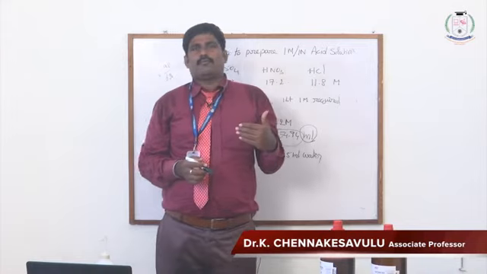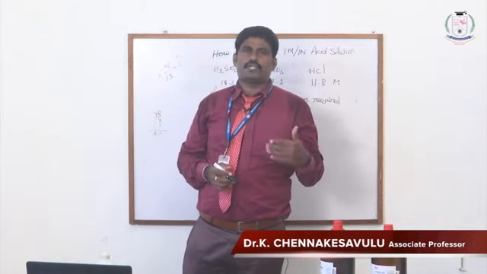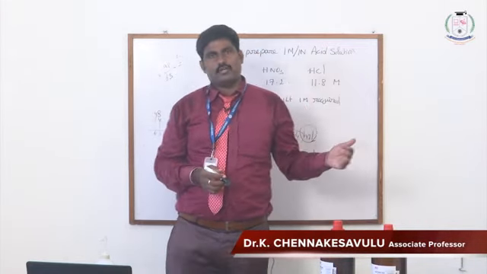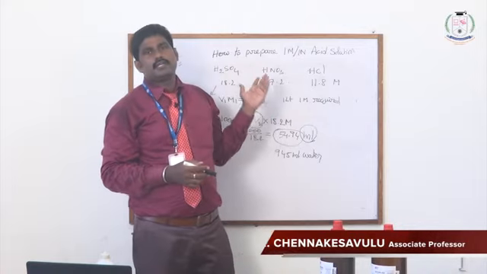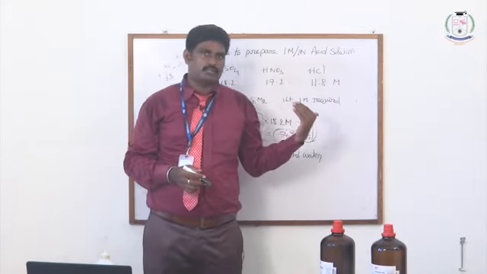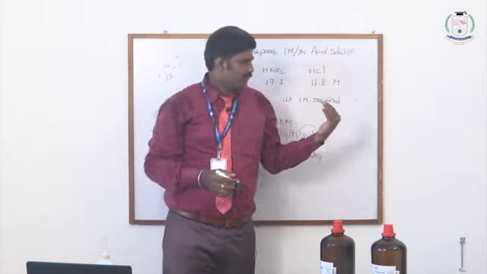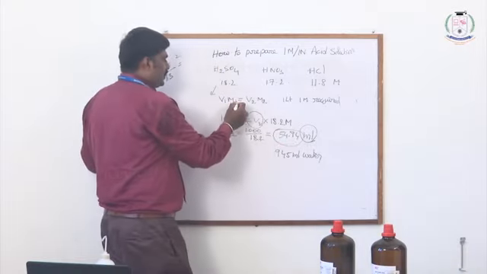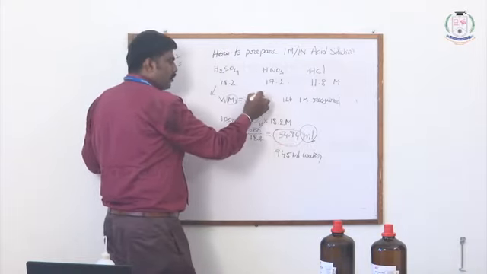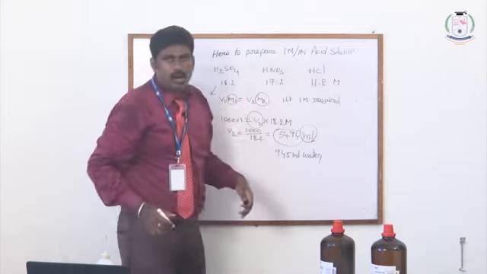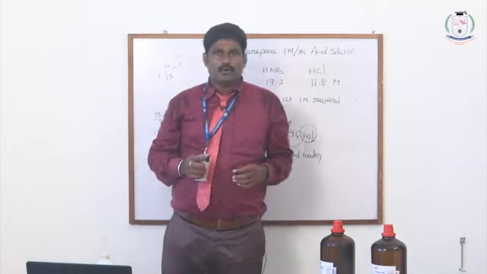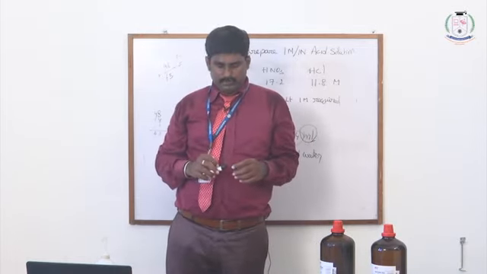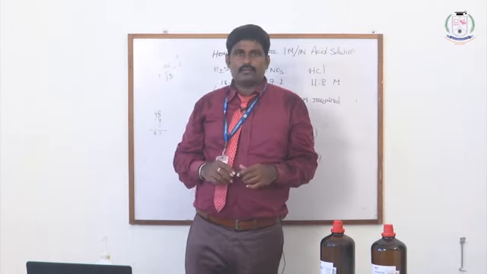Again, from the 1 molar solution, if you want to dilute it to 0.5, we can dilute based on the same formula. Even for 0.1, we can dilute it with the same formula. It is very simple, either in molarity or normality. This is how we prepare the 1 molar solution. Thank you for your attention.